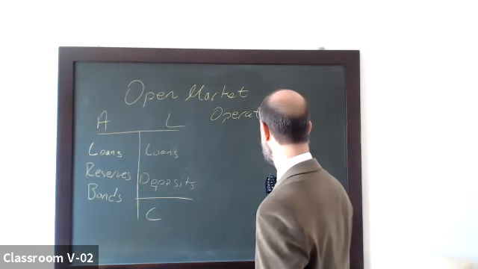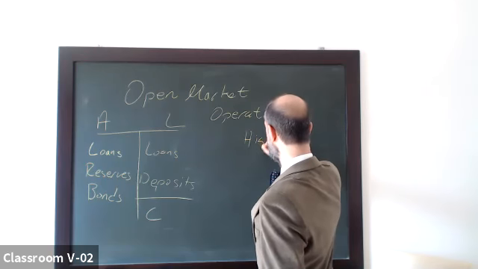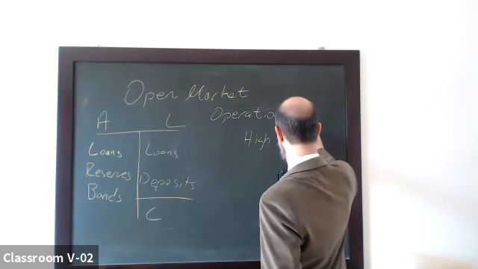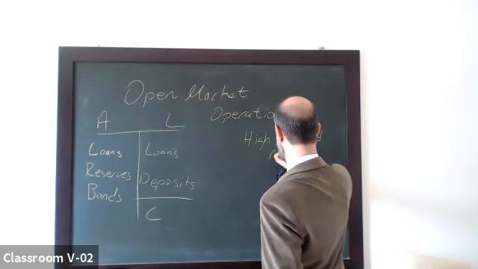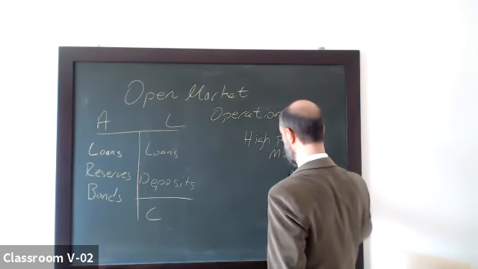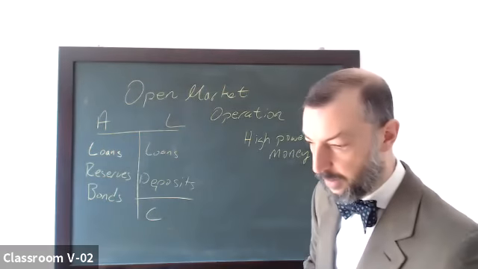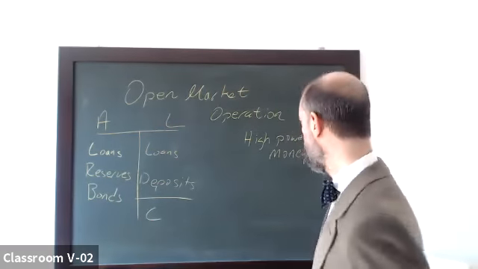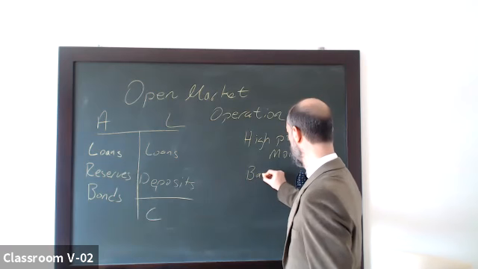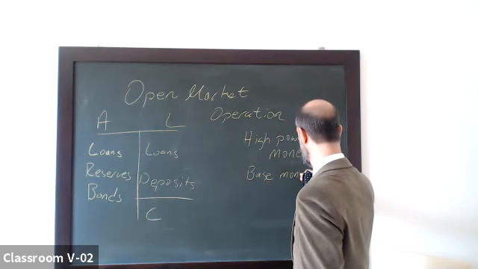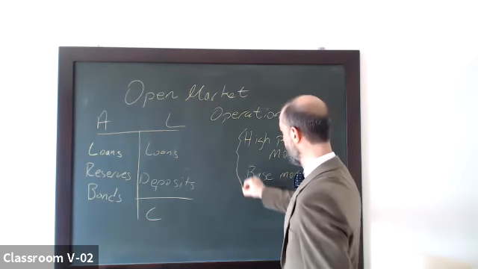That thing is called high-powered money, and you're going to see why it's called high-powered in a minute. Or the monetary base, or base money. It's the same thing.